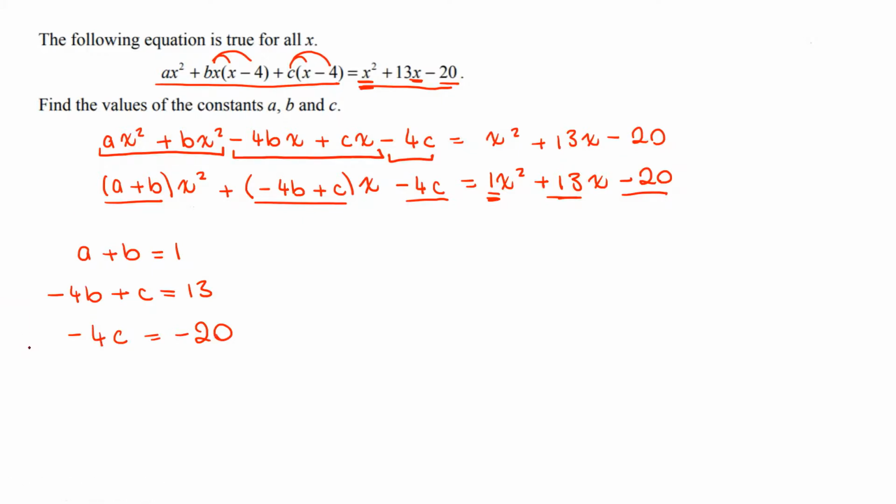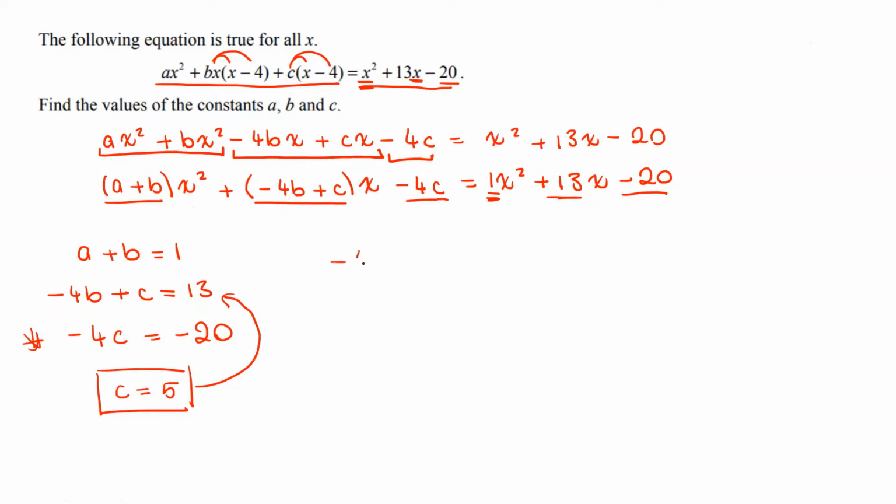Well, if we look at our third equation here, it's easy to find c. We just divide both sides by minus 4, and we're going to get c is equal to 5. So we found one of them. But hang on, if I know c is equal to 5, I can substitute that back up into my second equation and I can find b.